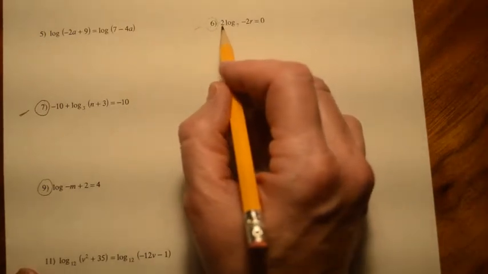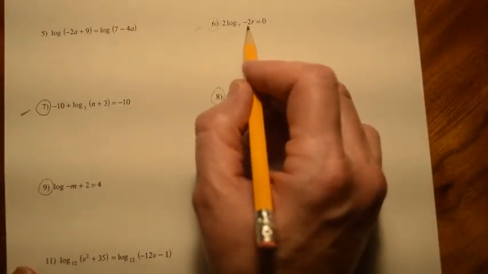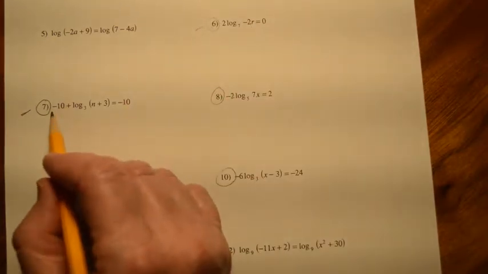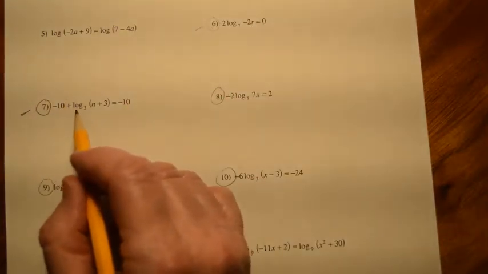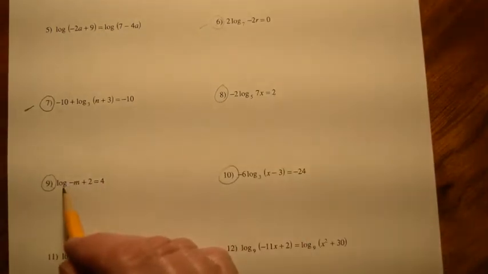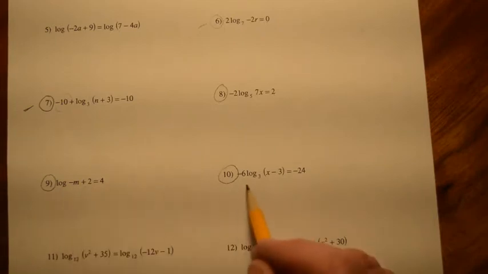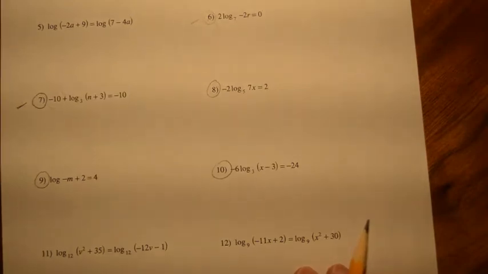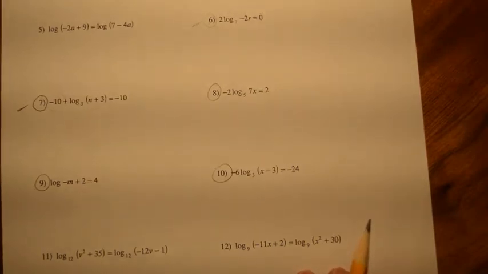We've got this thing here that we've got to take care of, but in its most basic form, it's going to be a single log equals a number. And again, we've got this -10 to take care of, but once we move this, we'll have a log equals a number. So 1 through 5 and 11 through 14 have the square, 6 through 10 have a circle.